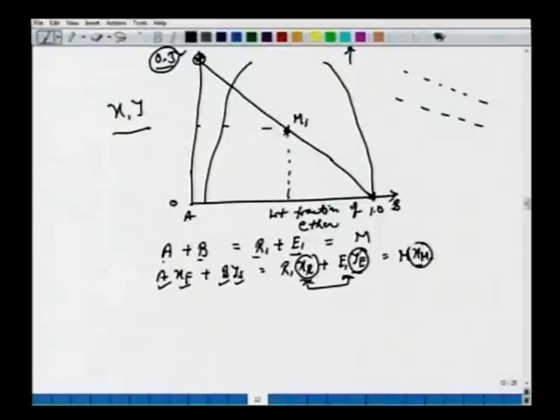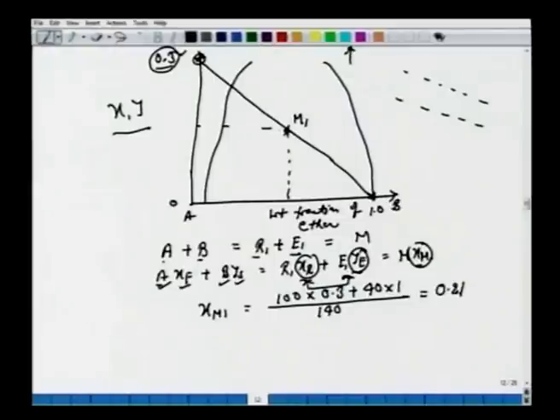Once we know X_M, let's calculate X_M1. Put the numbers here: 100 for A, feed is 0.3, solvent amount is 40, either 40 kg per hour or 100 kg per hour, or just 100 kg and 40 kg, into 1. Solvent is pure, 100 plus 40, 140, so we get 0.21.